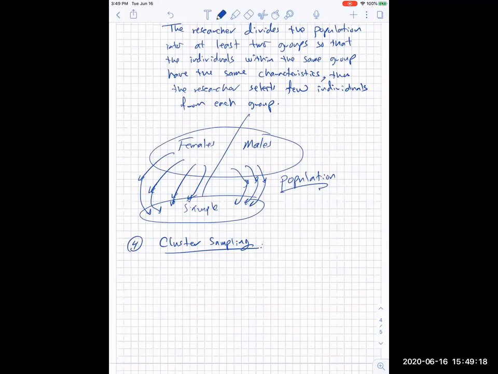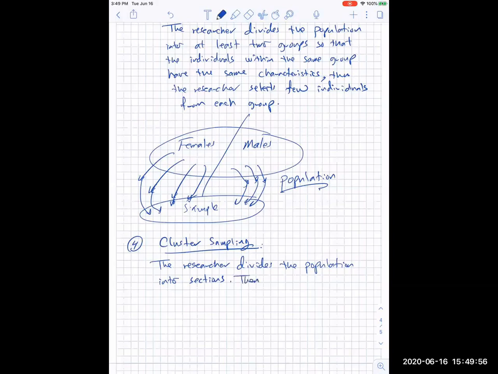In a cluster sampling, the researcher divides the population into sections or clusters. Okay.